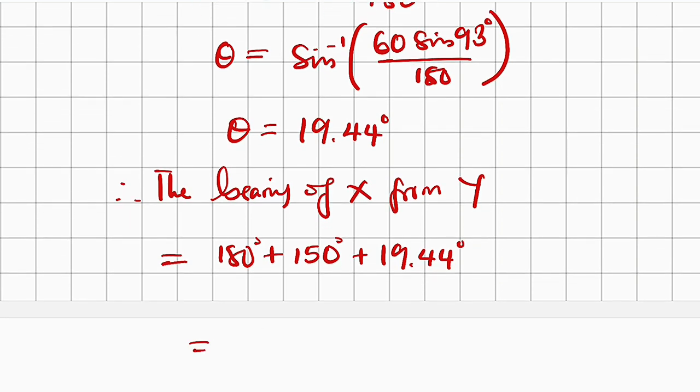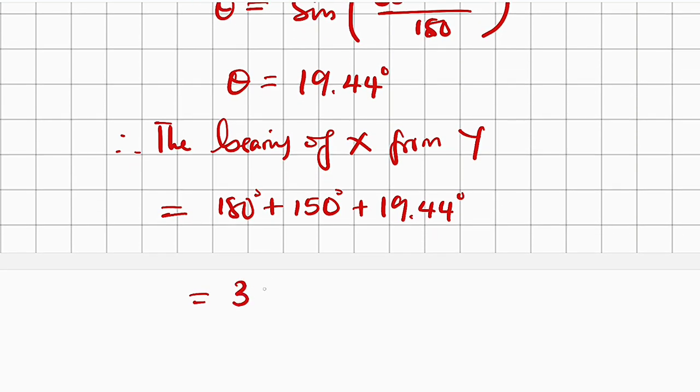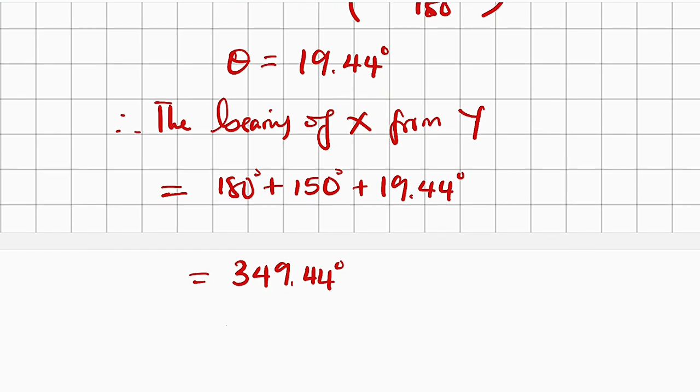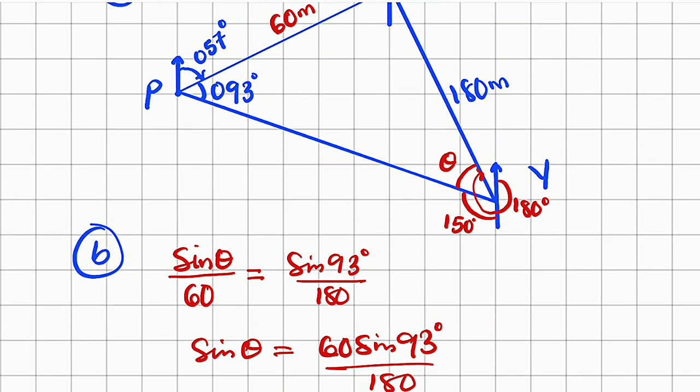And this is equal to 349.44 degrees. But remember, they said three significant figures. Therefore, in three significant figures, we have 349 degrees. We are done with the first part, which is B Roman 1.